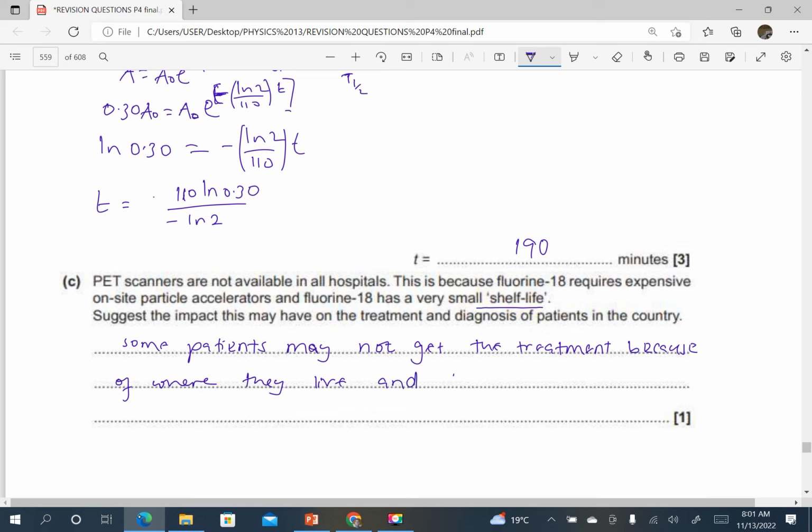And longer waiting lists. So this may prevent some patients from undertaking the scan because of where they live and longer waiting lists involved. That is an ethical issue with the PET scan because it is very expensive to produce fluorine on site since it requires particle accelerators and it involves longer waiting lists. Therefore, some patients will miss out on the treatment.